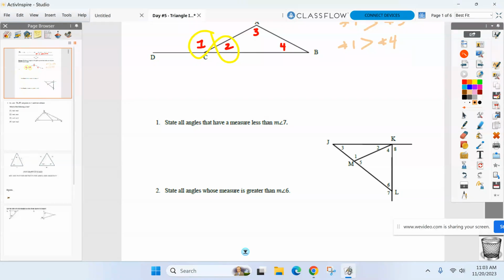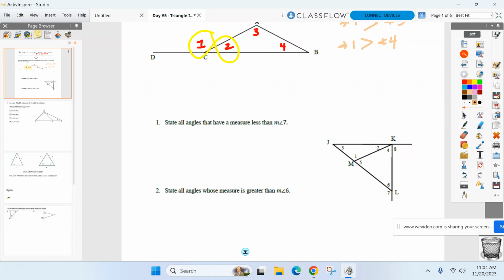Wait, 3? We said 2. We said 2 because 7 is greater than 2 plus 4. So it's got to be greater than 2.